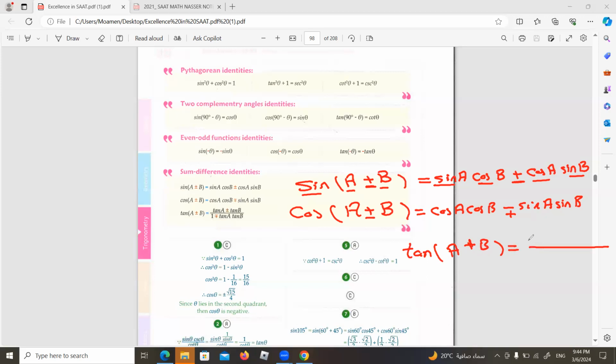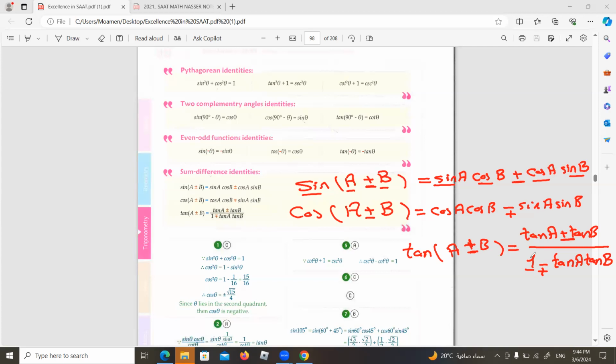Tan A plus B equals tan A plus tan B, the first angle plus the second angle, over 1 minus the product of the two tans, tan A tan B. If it's a difference, you change this and change this. If it's a negative, the upper will be negative and the lower will be positive. So these are the three rules.